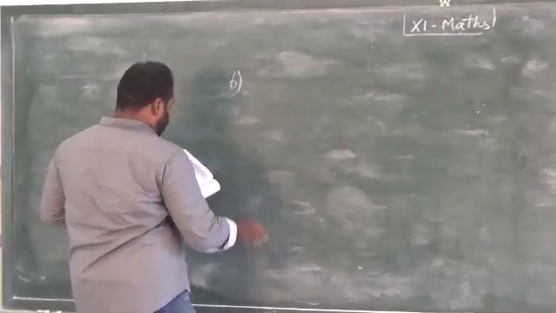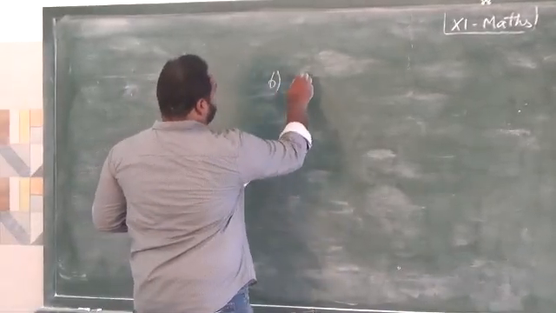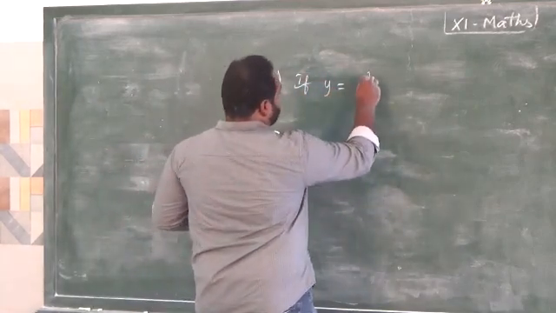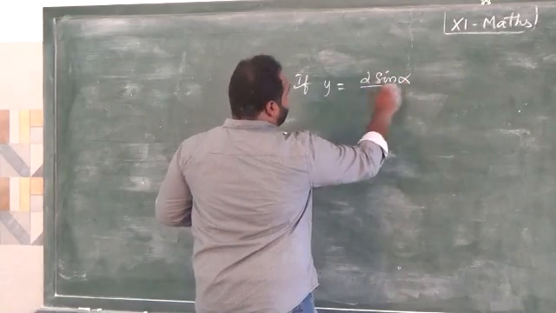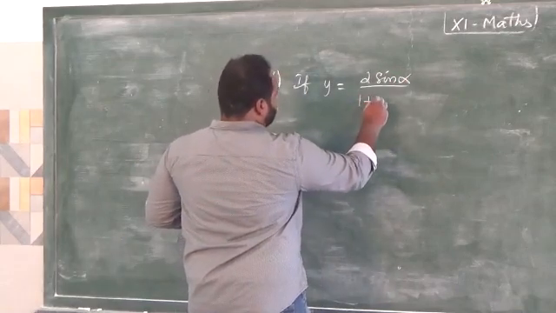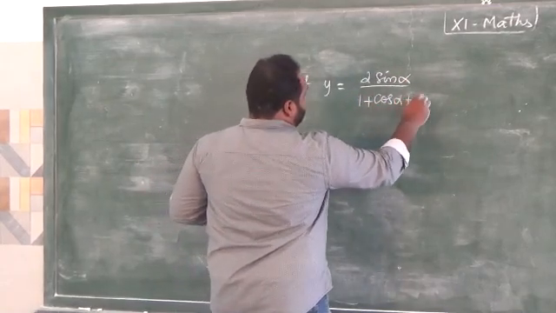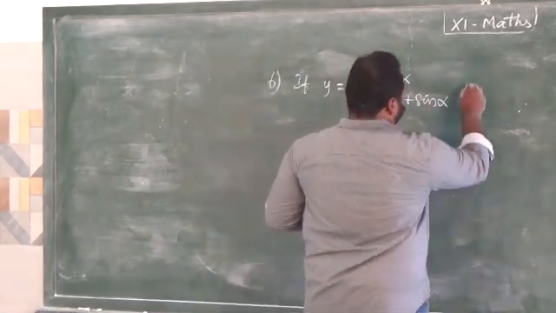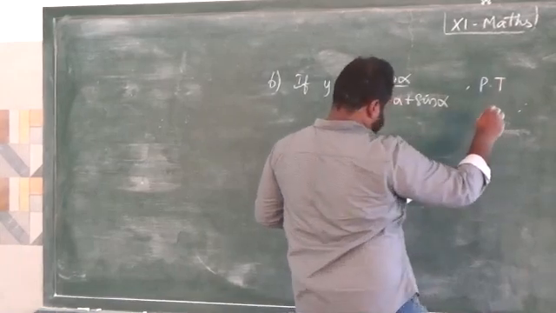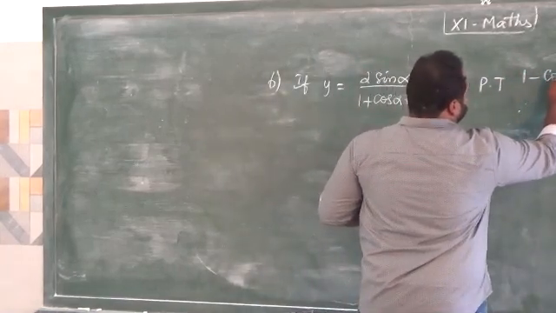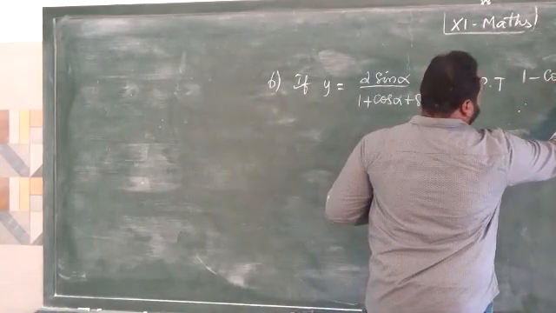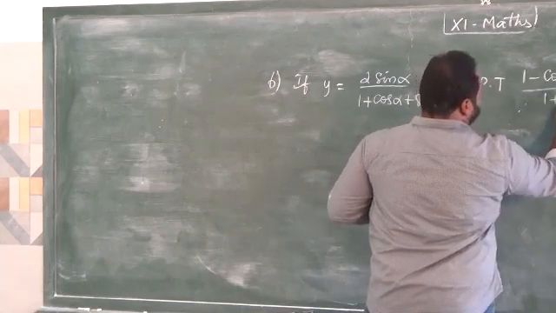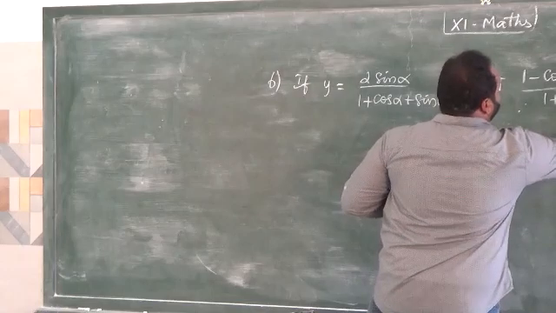6. If y is equal to 2 sin alpha by 1 plus cos alpha to sin alpha plus sin alpha, then prove that 1 minus cos alpha plus sin alpha by 1 plus sin alpha equal to y.